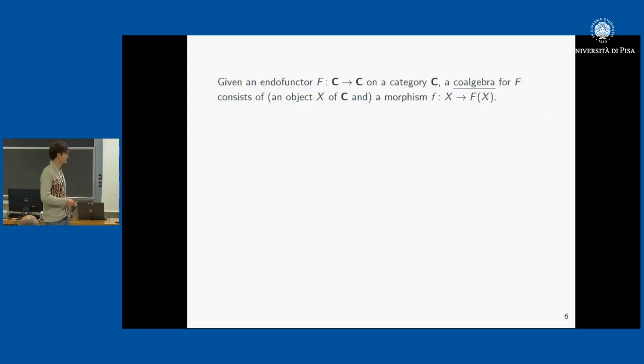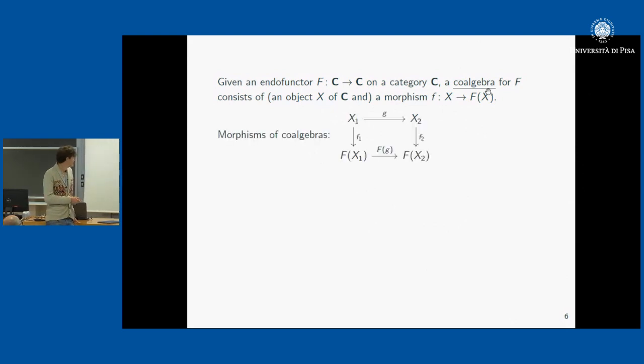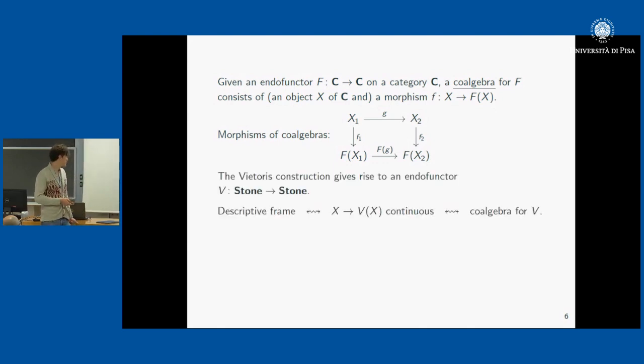This brings us to the realm of coalgebras. If you have an endofunctor F on a category C, a coalgebra is an object X of C and a morphism f from X to F of X. There is a natural notion of morphism of coalgebras given by this square commuting.